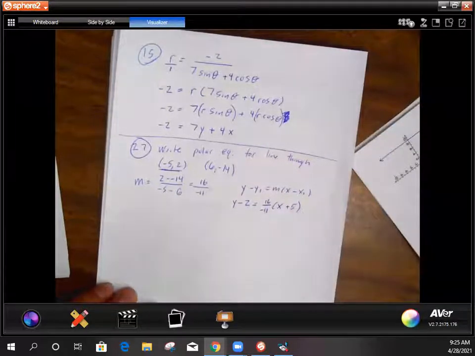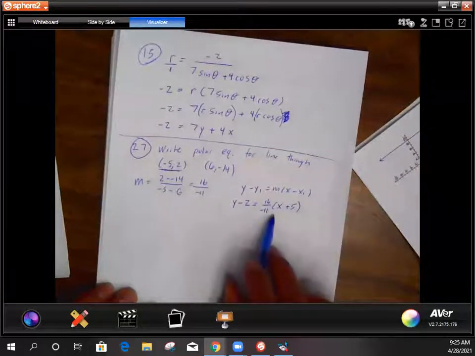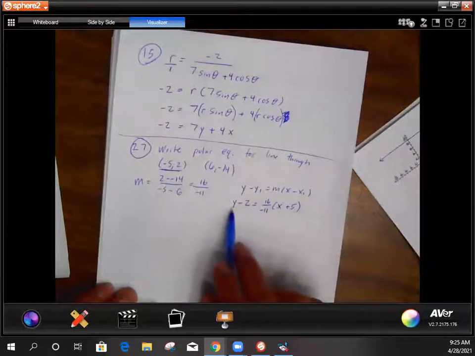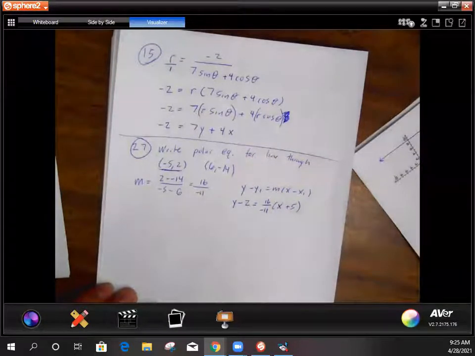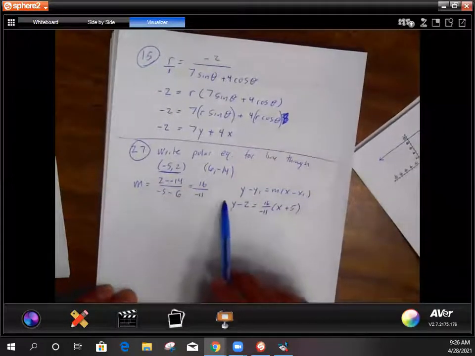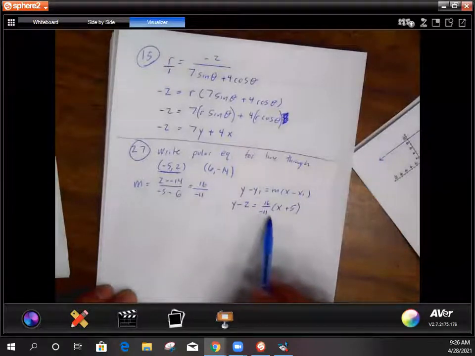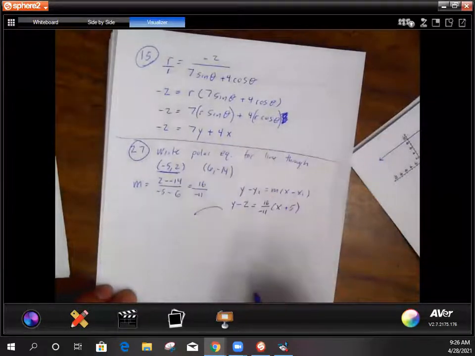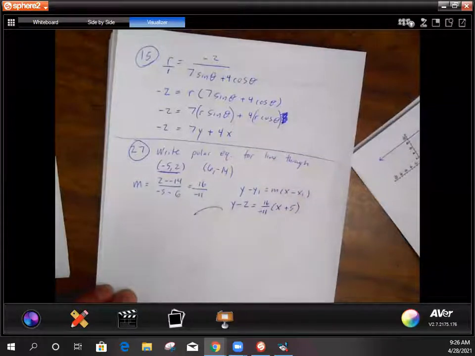And at this point, I could just substitute in r cosine for x and r sine for y. But I'm just going to clean this up first and get rid of some fractions. So before I substitute, I'm going to get rid of this fraction here by multiplying everything by -11.